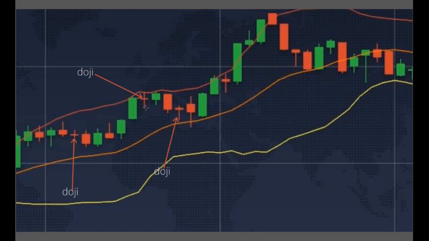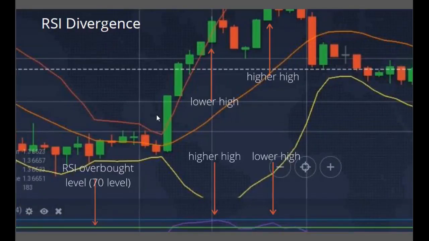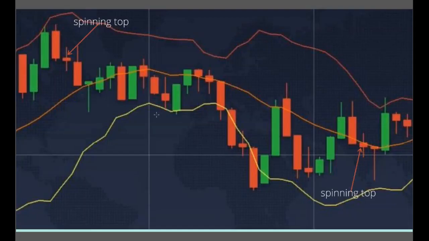The wick is very obvious and very wide, but the body is very narrow. Okay, so when you see a candle without a visible body, in the middle of a long wick, that particular candle is called a doji candlestick.